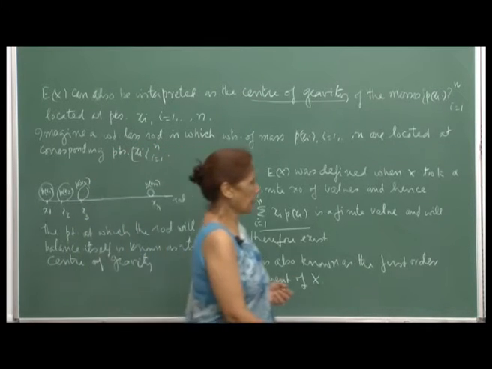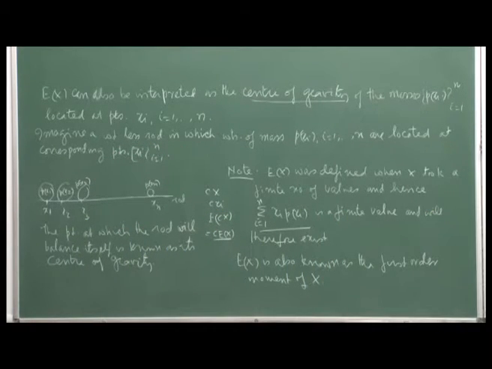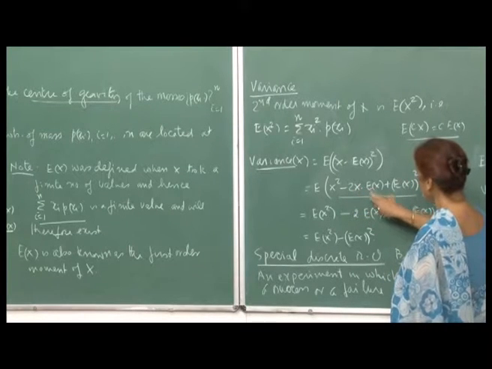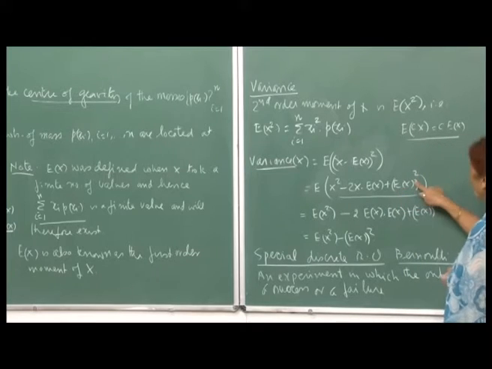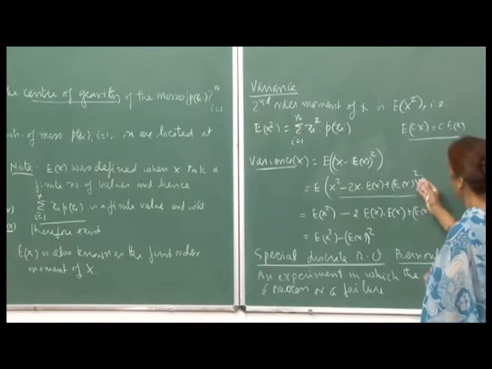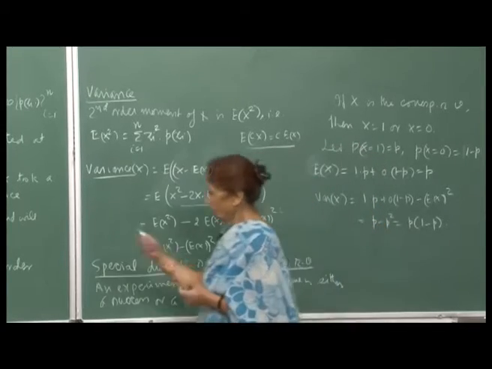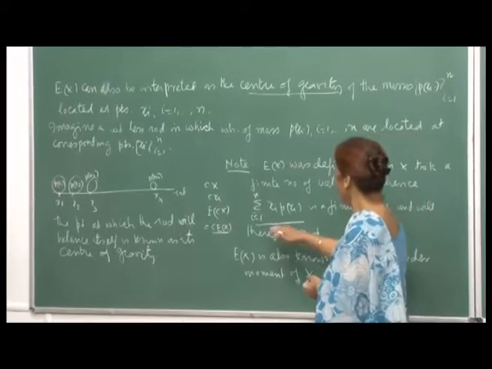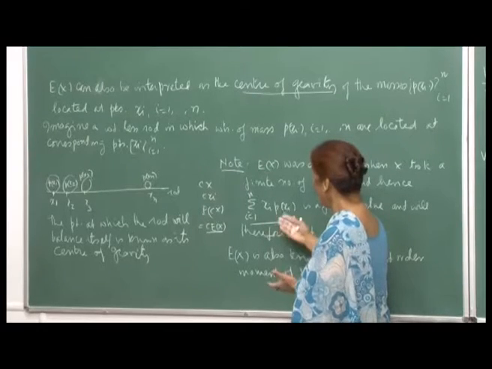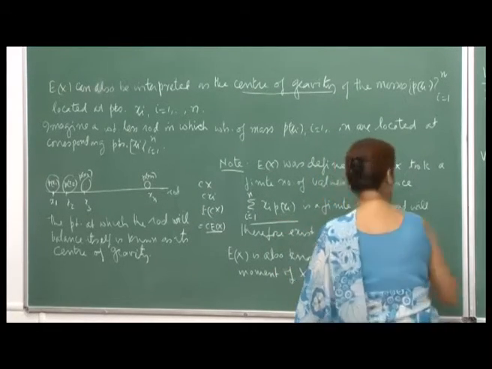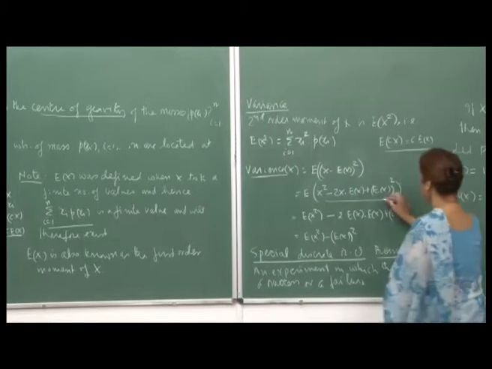Okay. So, therefore, when I take E inside, this will be twice E[x] into E[x], then this is again a constant. So, therefore, this will simply be E[x] square, there will be no expectation. Again, I am using the property that if a random variable is taking a constant value, then this is not a random value, essentially this is a constant.